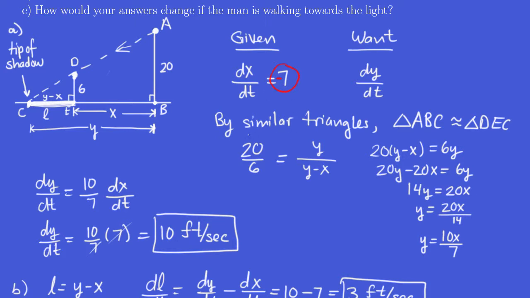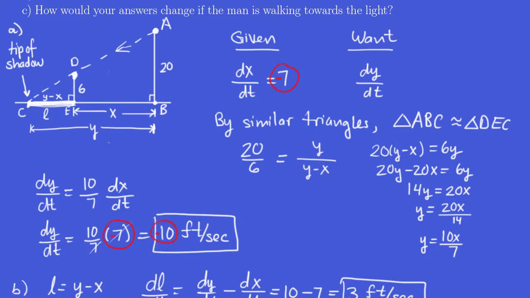This argument that we did right here for similar triangles, that wouldn't change at all. So that's fine. Then after that, we went over here, remember? This differentiation is fine. But right at this stage here, we would plug in negative 7 here. So that would be a change right there. And then this answer would come out to be negative 10 feet per second.